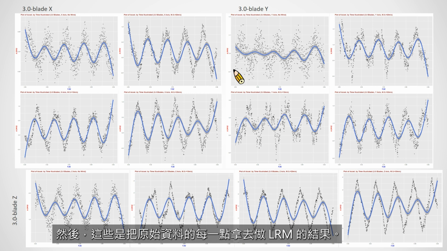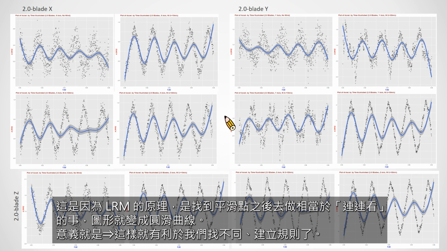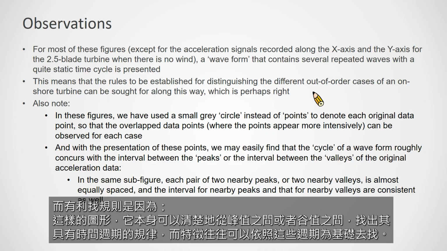This set of figures is for the 3.0 blade cases, and the other set of figures is for the 2.5 blade cases. And yet another set of figures is plotted for the 2.0 blade cases. So we can make some observations here.